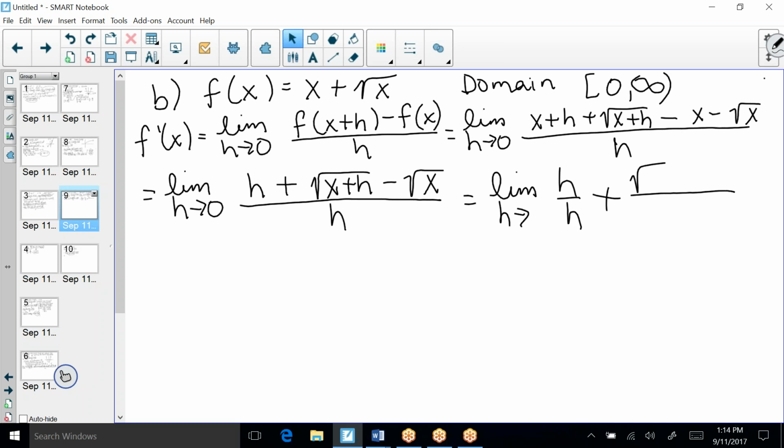And h divided by h, of course, is going to be just 1. Then you can think about this as 2 separate limits: the limit of 1, and then the limit of the square root of x plus h minus the square root of x divided by h. All right, then go ahead and finish this one and multiply, because you'll have to multiply the top and the bottom by the conjugate of that thing now.